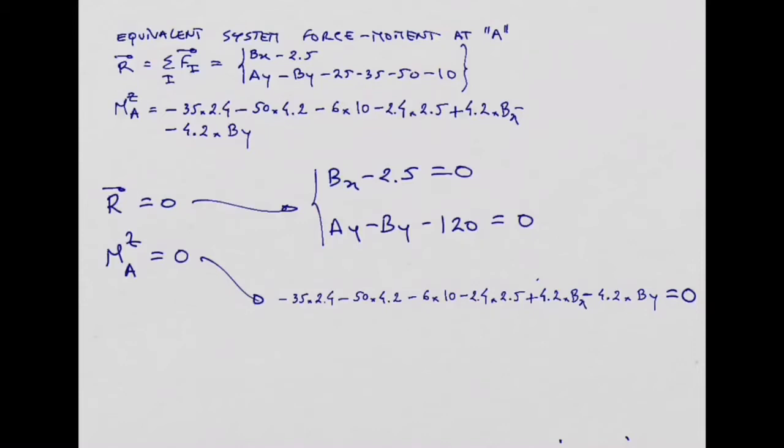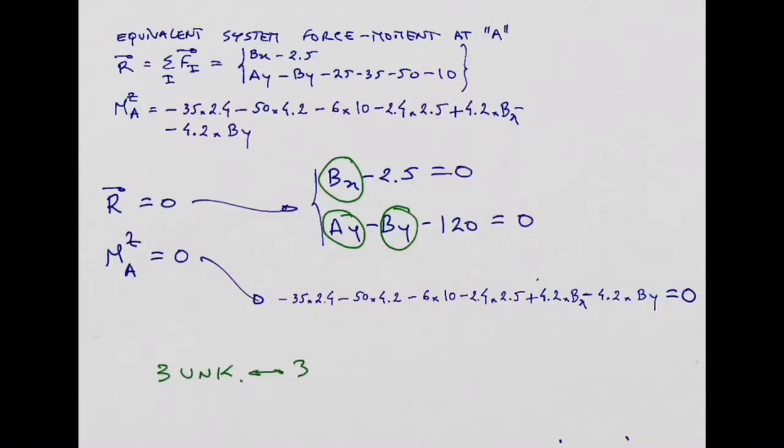So we have basically three equations for three unknowns, which are Bx, By, and Ay.